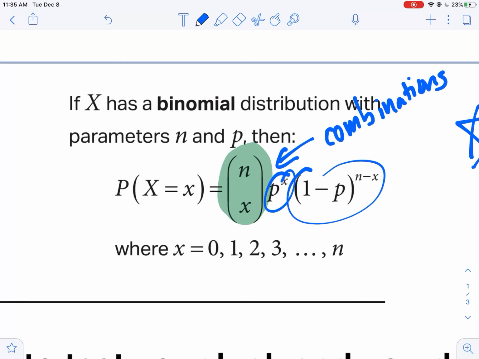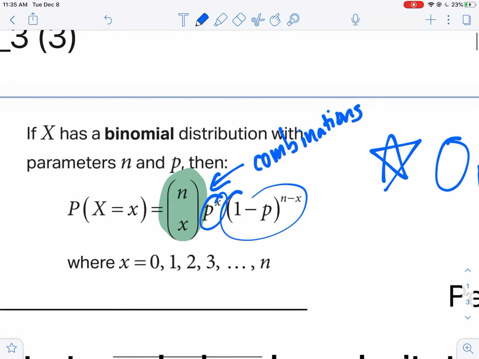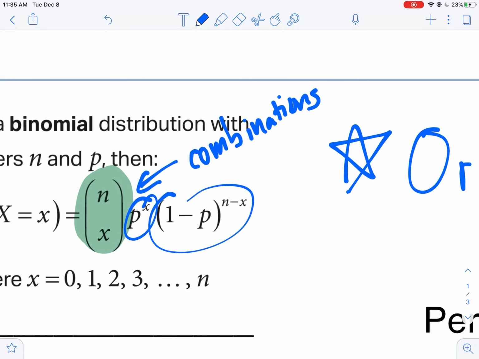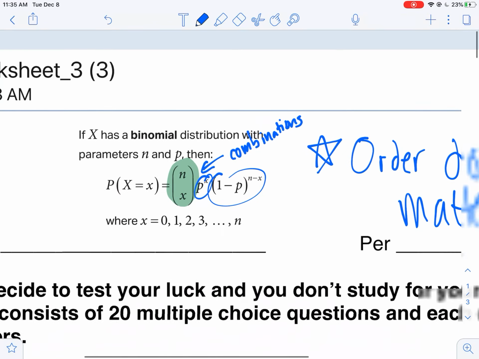Now you have to find the combinations because you want to imagine a really intense tree diagram, and essentially you're finding the same probability, but it's coming up a bunch of different times. You don't want to have to draw it out and figure out from a visual how many times it's coming up. So that's why we have this combination function.